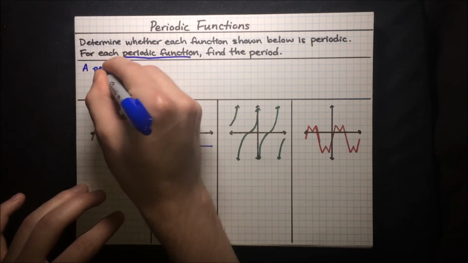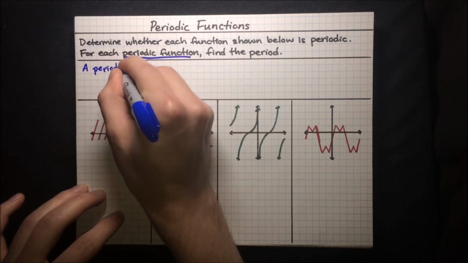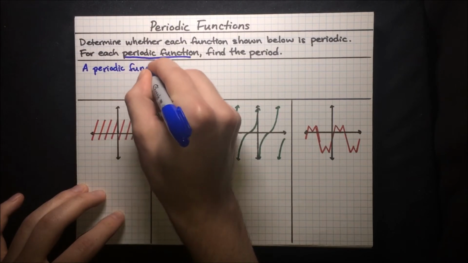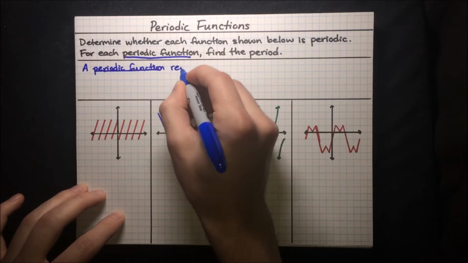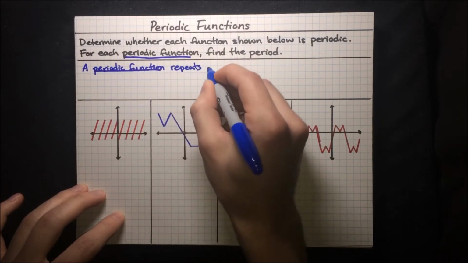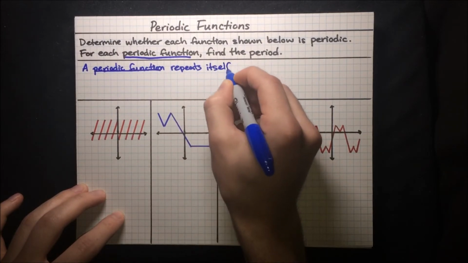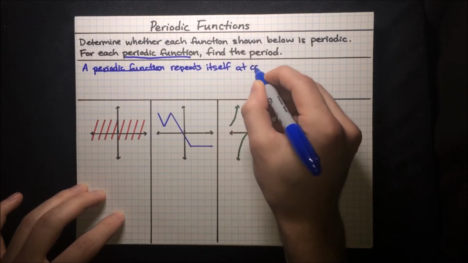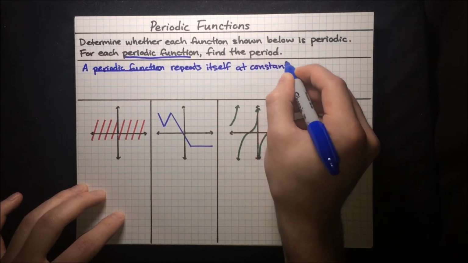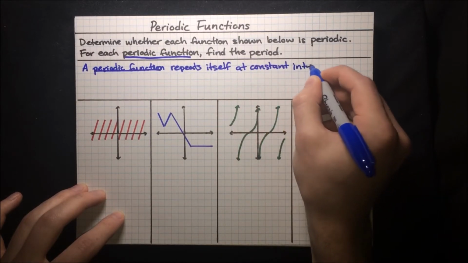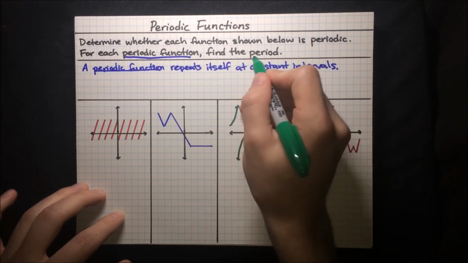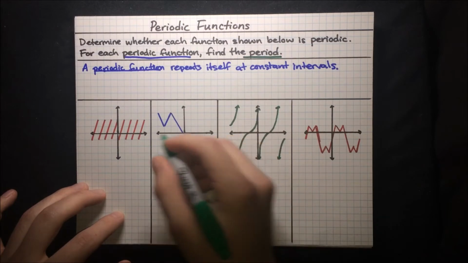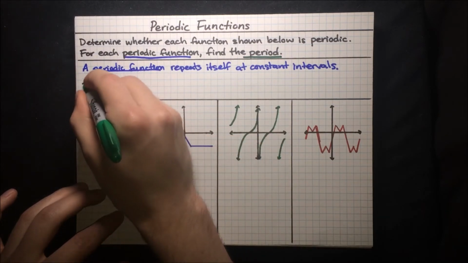A periodic function repeats itself at constant intervals. And now, what is the period of a periodic function? Well, let's give another definition.